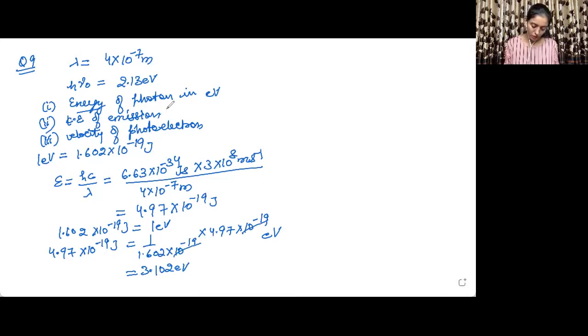Next, we need to find out the kinetic energy of emission. So kinetic energy is equal to h nu minus h nu naught. Here h nu is the energy of the photon which is striking the metal surface, the total energy, and h nu naught is the part of that energy used to eject the electron, and the rest will get converted into kinetic energy.